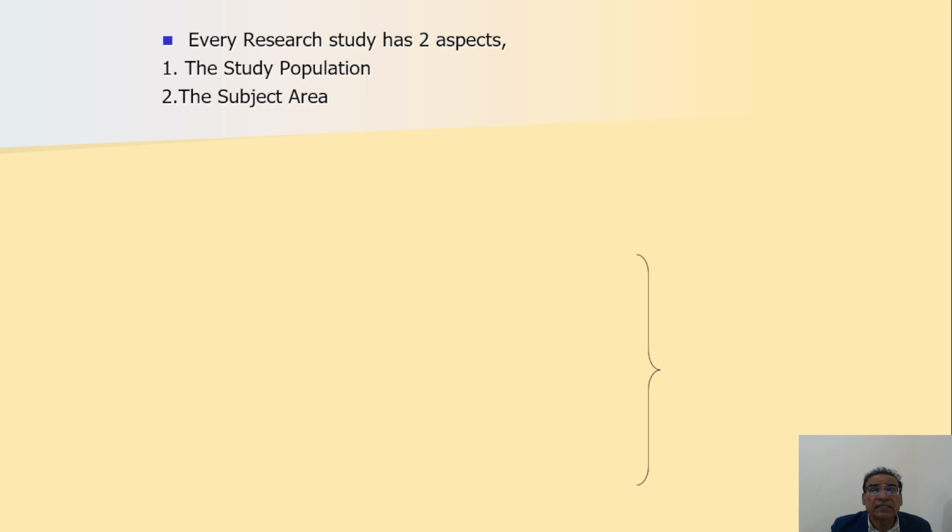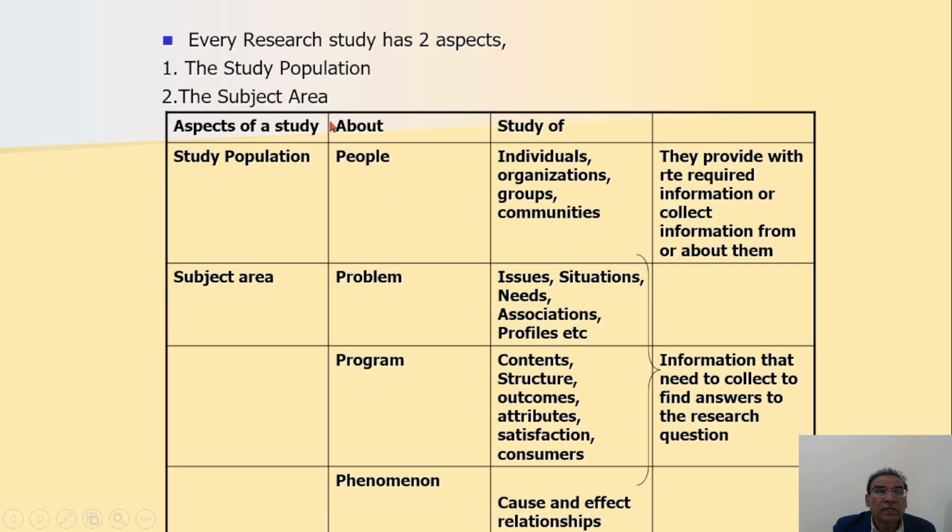Every research study has two aspects: the study population and the subject area. Study population means whom you study: individuals, organizations, groups, or communities. They provide you with the required information, or you collect information about them.